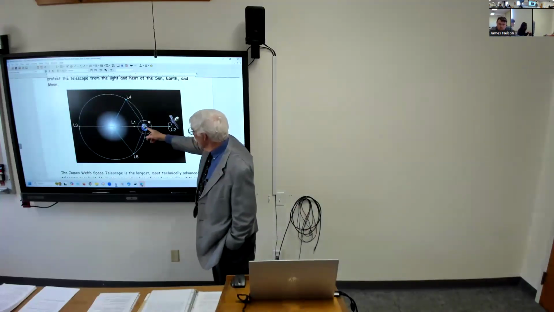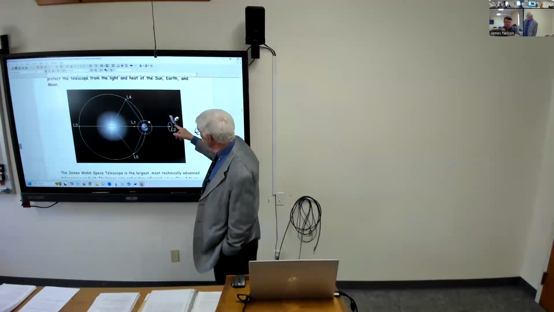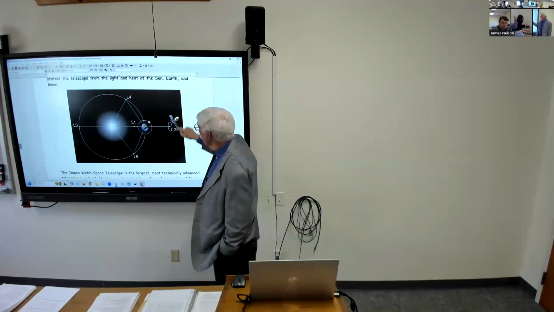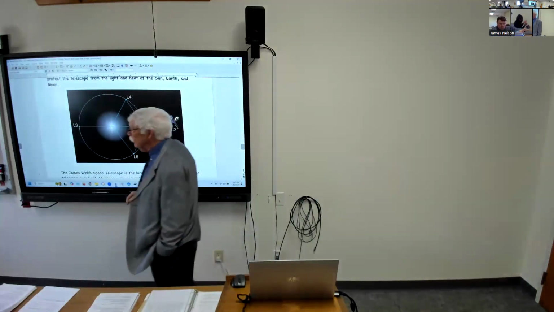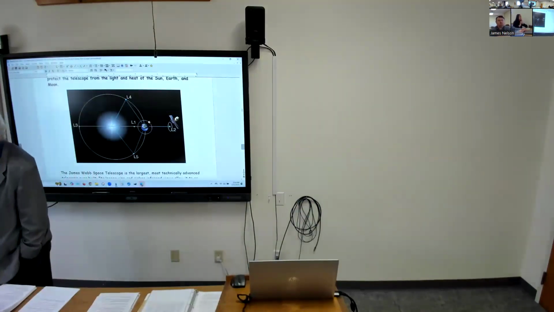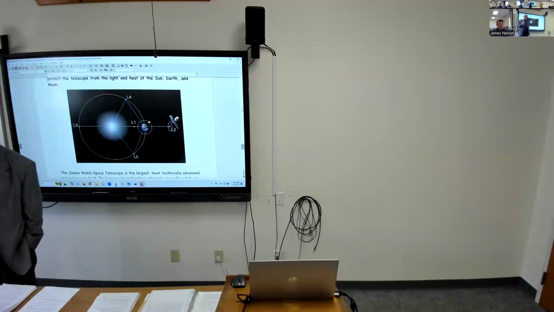So this is our Earth, and this is our sun. And this telescope is operating out here on the other side. And this platform is a shield, because this telescope has to operate at something like 300 plus degrees below 0 Fahrenheit. It's got to be really, really cold to be effective.